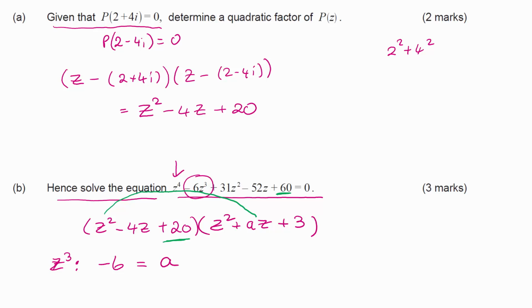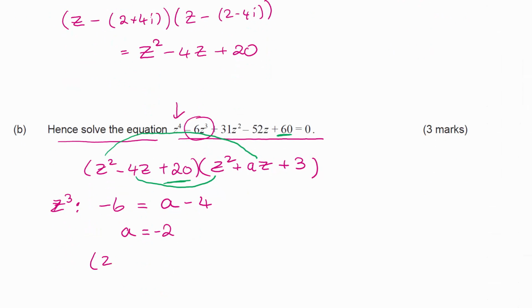And I'll also get a z cubed from here, it would be minus 4 z cubed. And those are the only ones that are going to give me z cubed. It therefore follows that a is equal to -2.